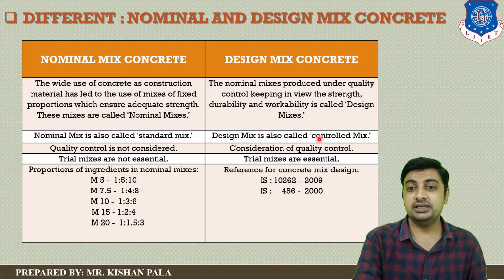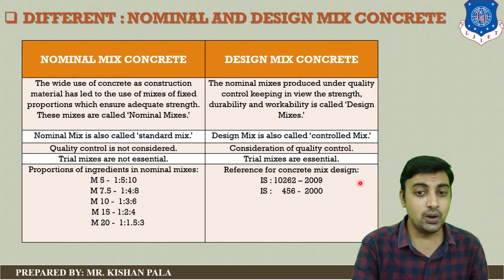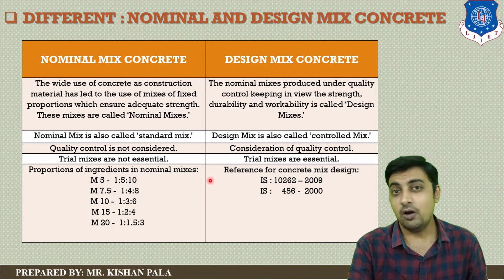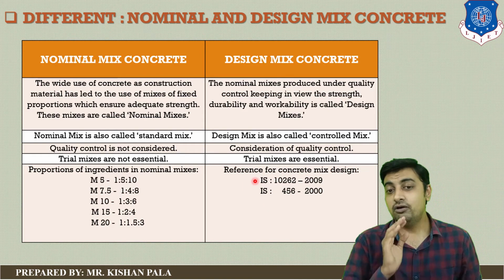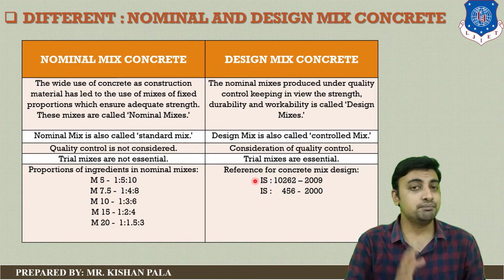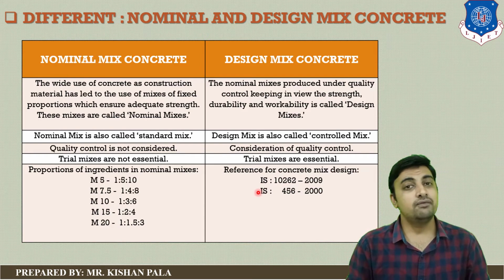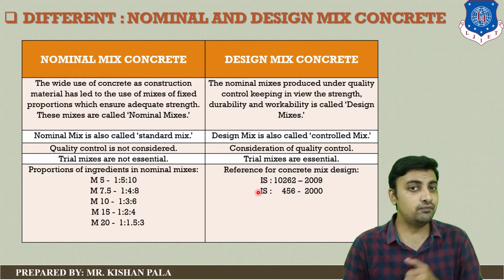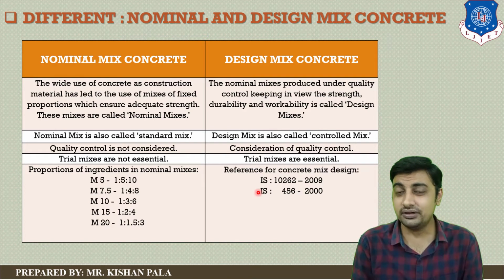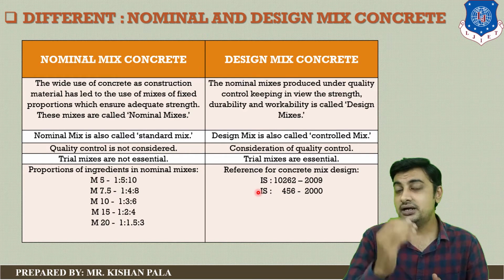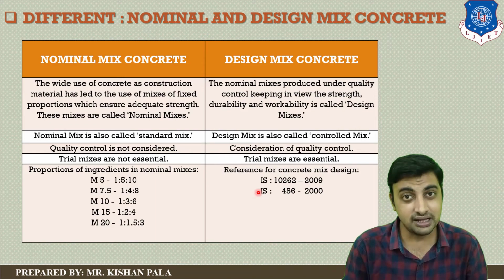It means this is also called the control mix, and you have to design the mix using Indian Standard IS 10262:2009, and you also require IS 456:2004, finalizing all the ingredients of the concrete mass to achieve a certain compressive strength of the concrete mass.